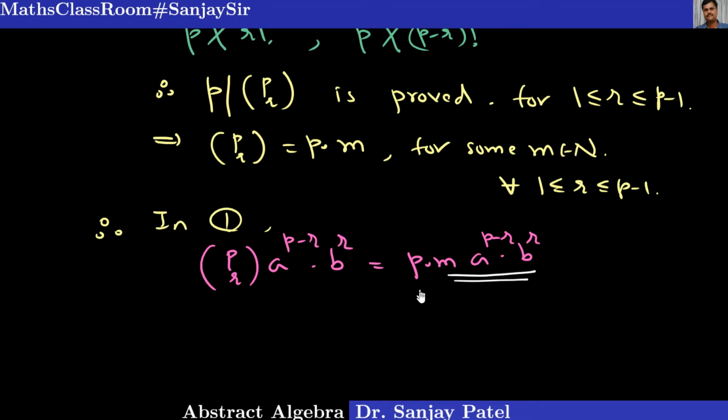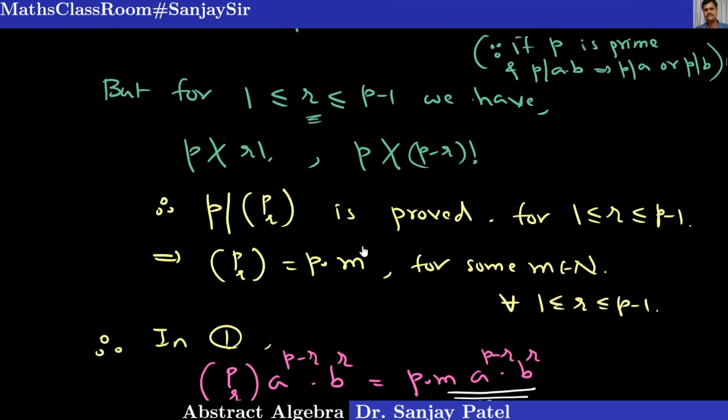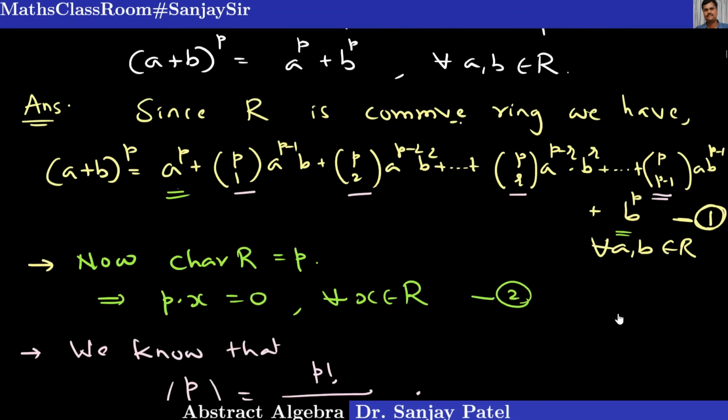So we have p times something, let us call this x. So we have p into x, and therefore this must be 0, because the characteristic of the ring R is p. So p into any element of the ring is 0. That suggests that all the terms in this binomial expansion for r between 1 and p minus 1 are 0. So I can write directly that (a plus b) raised to p is equal to a raised to p plus b raised to p. Only the first and the last term will be left.